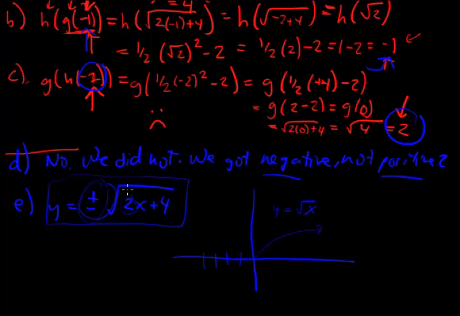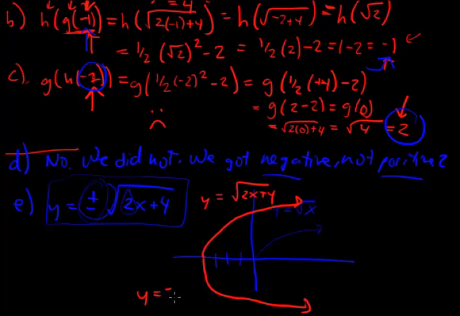That 2, remember, stretches it up, makes it taller. So our function looks like this, something like that. That is y is equal to positive square root of 2x plus 4. And down here would be y is equal to negative square root of 2x plus 4.